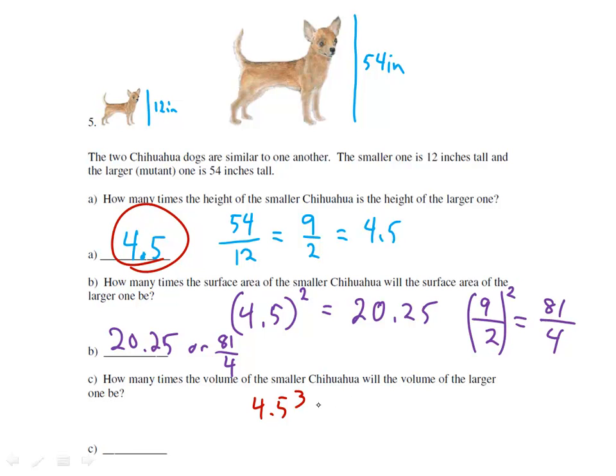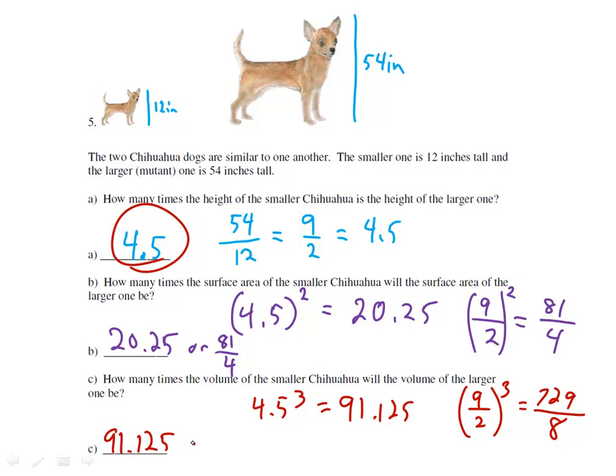Or if we kept the fraction, then we get 729 over 8. 9 halves cubed equals 729 over 8. So you either have the decimal version or the fraction version. Equivalent amounts. 729 divided by 8 would be 91.125.